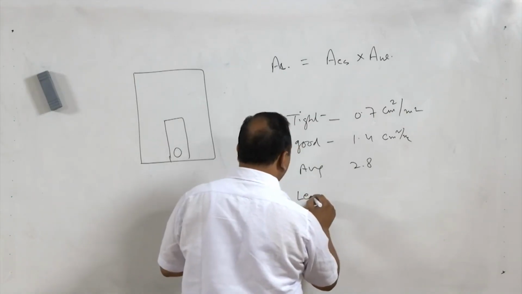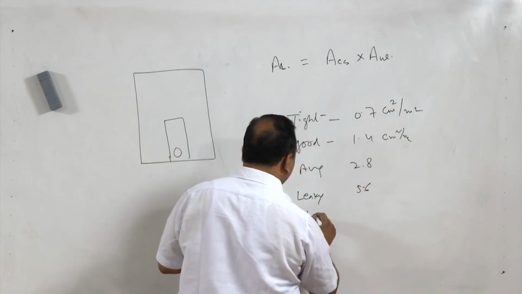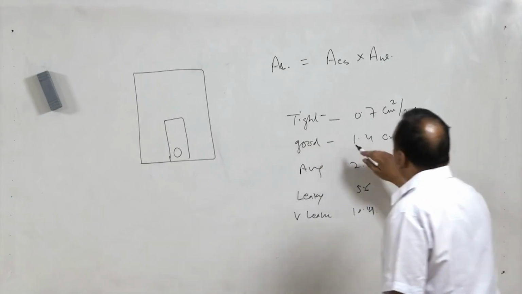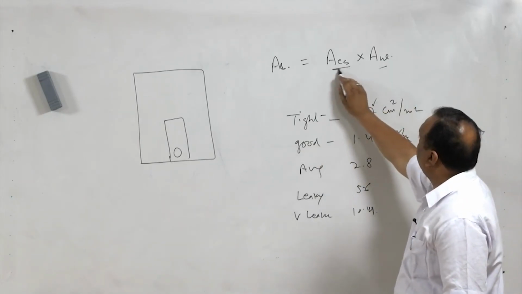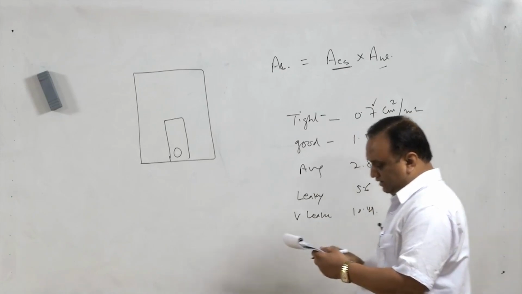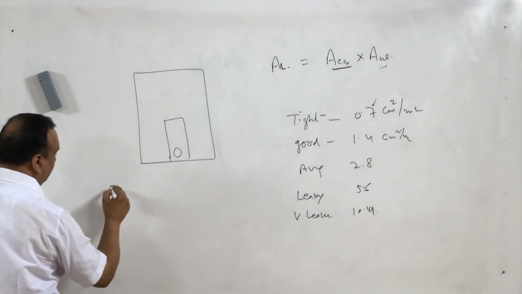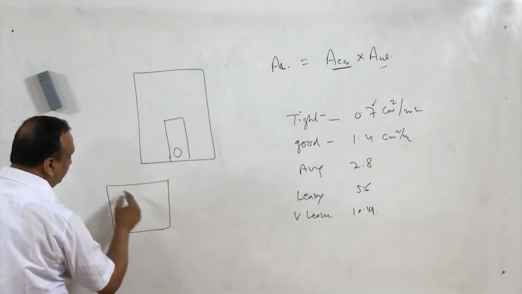Leaky is 5.6, very leaky is 10.4, and so on. Now, this unit leakage area is multiplied by the exposed area of the building. The exposed area of the building is the area of the wall, plus the area of the roof, excluding the area reserved for the garage, as I am showing you in the plan of the building.